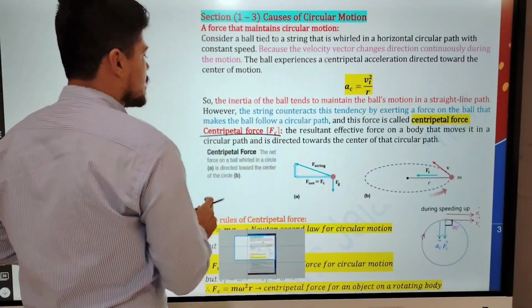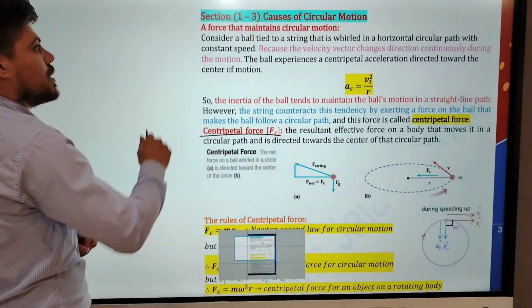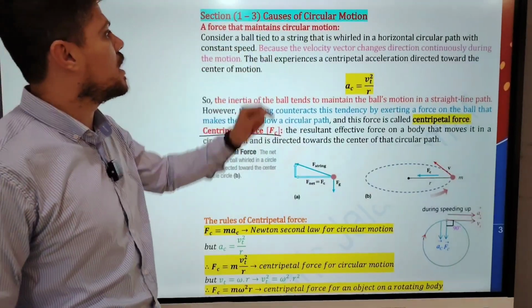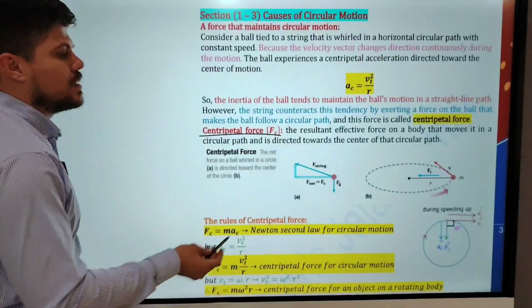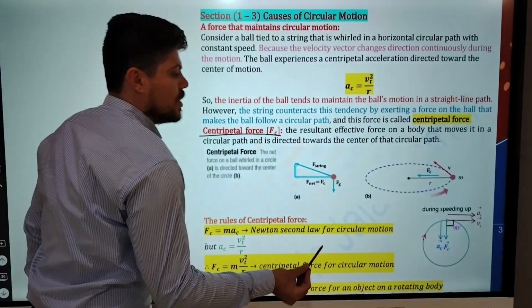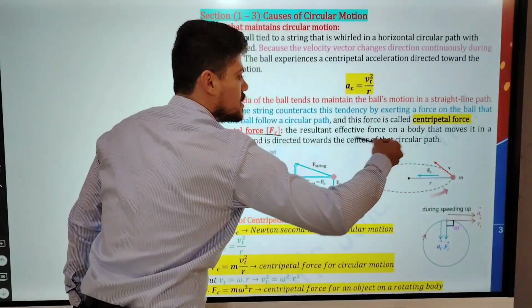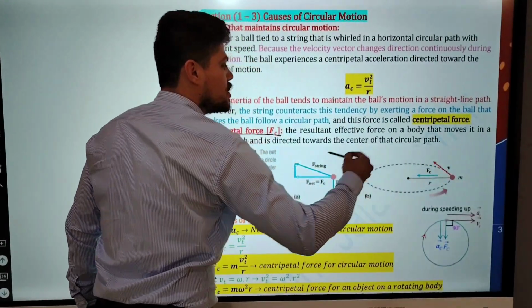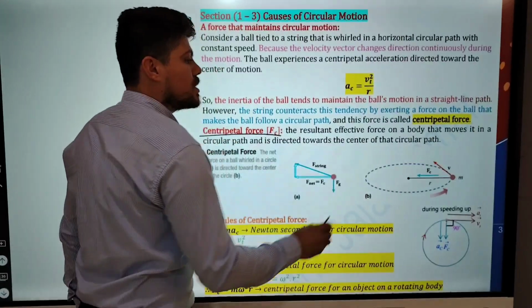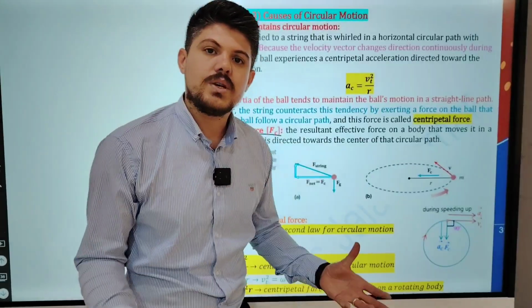Before we get started, just to remind you, consider a ball tied to a string that is reeled in a horizontal circular path, as you can see in this figure. When the ball is moving in a circular path, because the direction of the velocity changes continuously, the object experiences a centripetal acceleration.